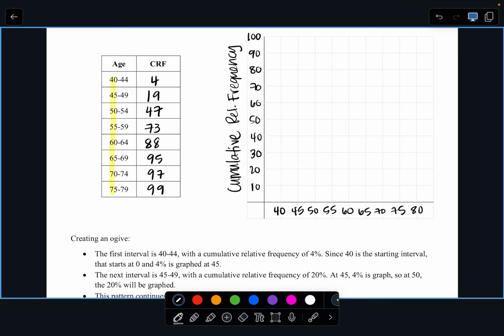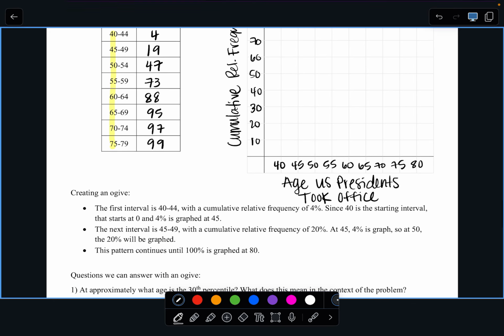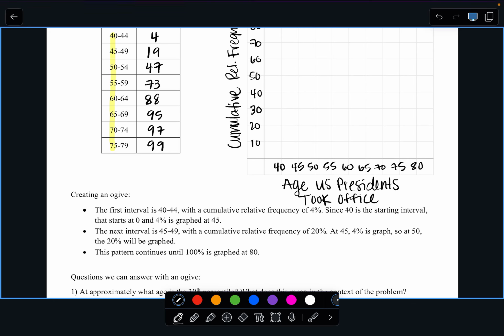And then I always go one higher just so that my graph is completely labeled. This is age US presidents took office. And I try to do my labels as soon as I start scaling things so that I don't forget, just as a piece of advice. Because again, you will lose points on tests. They will not give you credit on the AP exam. You gotta have labels and scales.